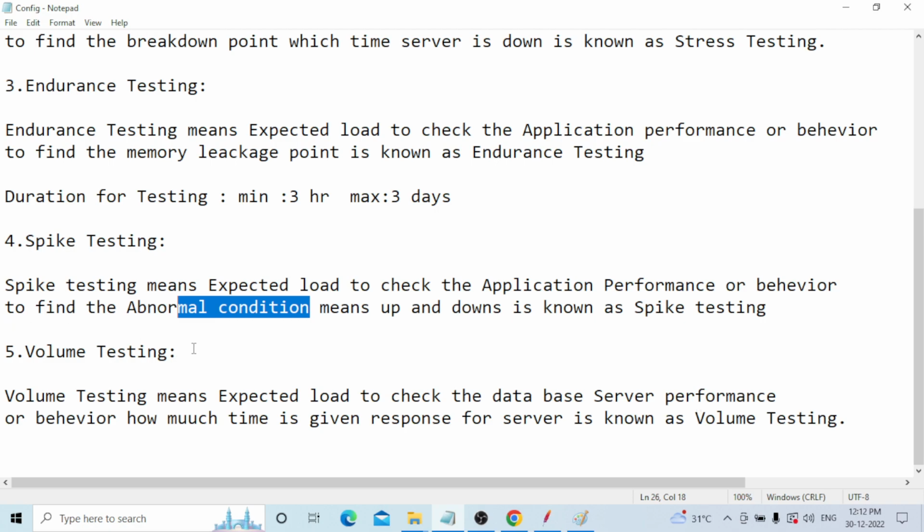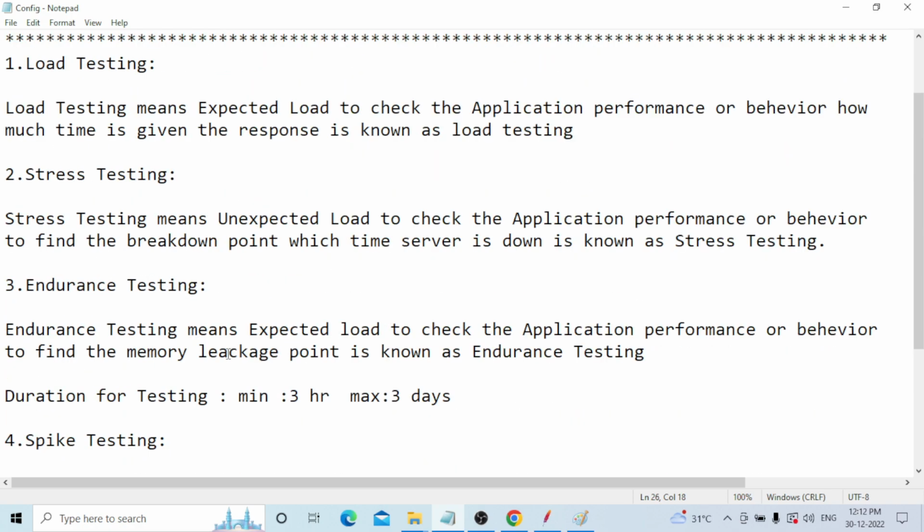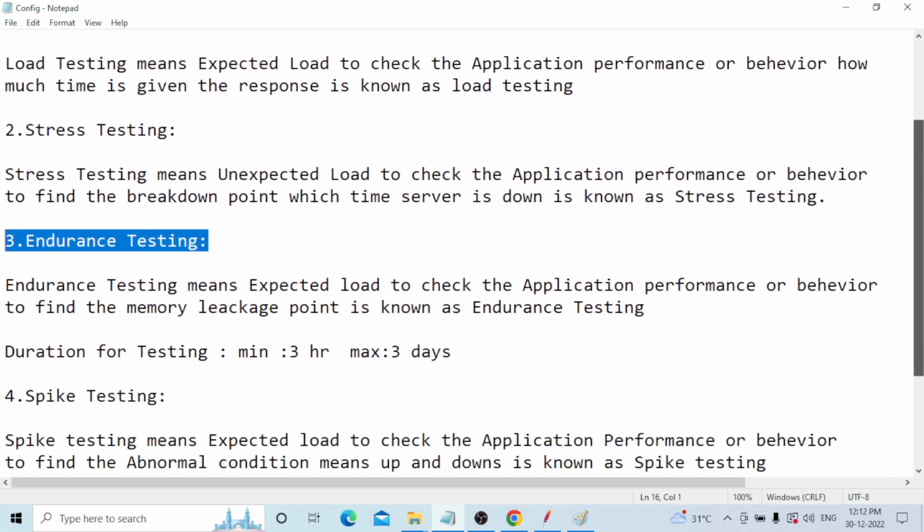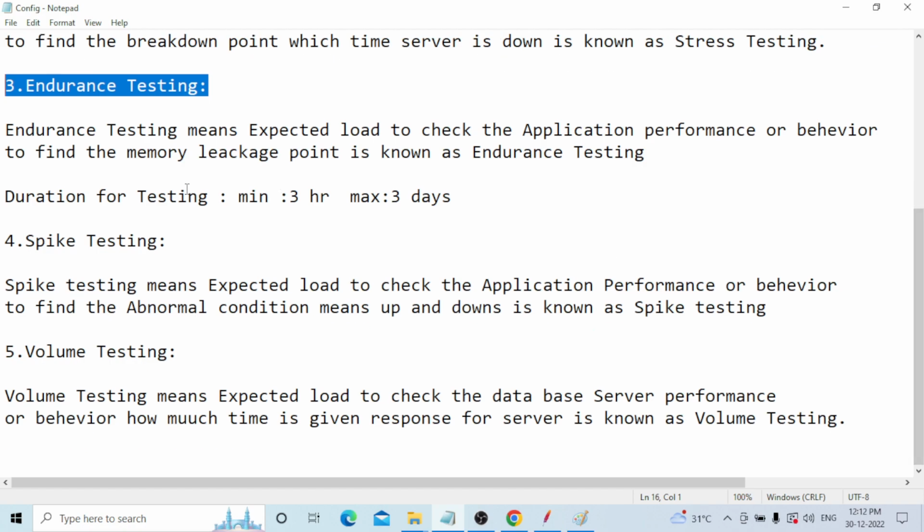Okay, these are the total 5 tests, but most of the time performance testers execute load testing, stress testing, and endurance testing. The remaining 3, in my experience, I did not see anywhere. Spike and volume testing I have not executed.